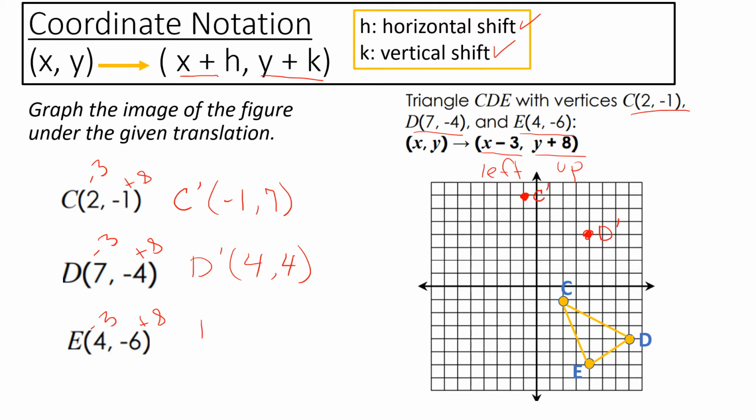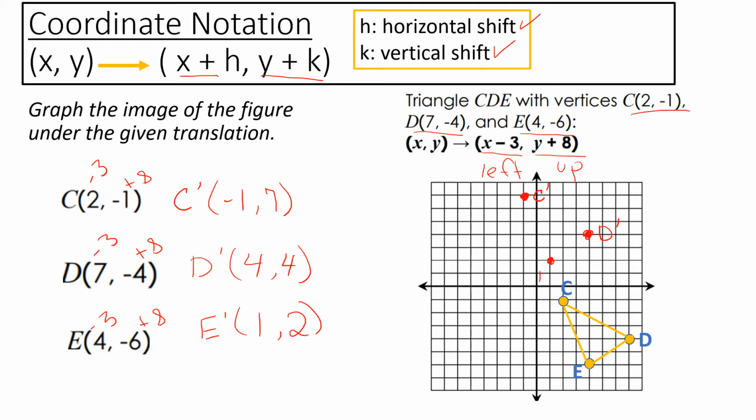And now for my E prime, subtracting 3, so 4 minus 3 is 1, and -6 plus 8 will give me 2. I'm going to plot that: to the right 1 and up 2, 1, 2.